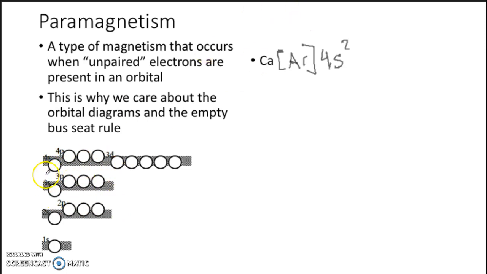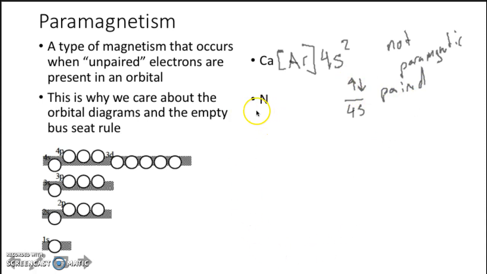So this 4s2, well, s only has the one orbital. So that's going to be an electron up and an electron down. So this is not paramagnetic because these are paired. So it doesn't count.